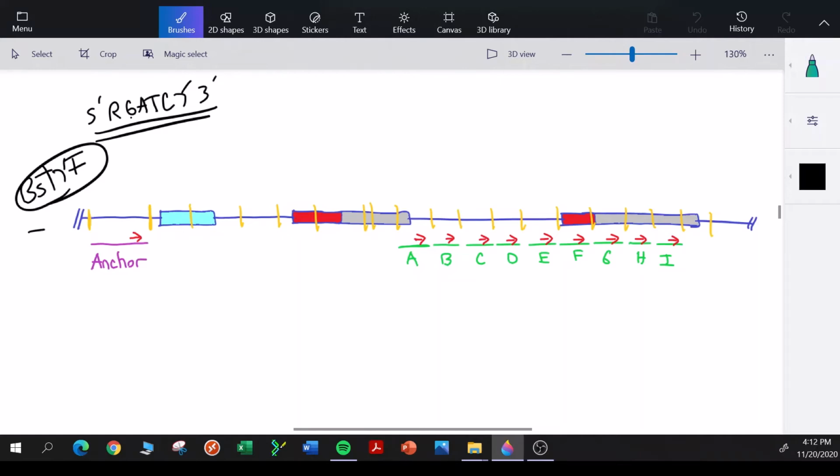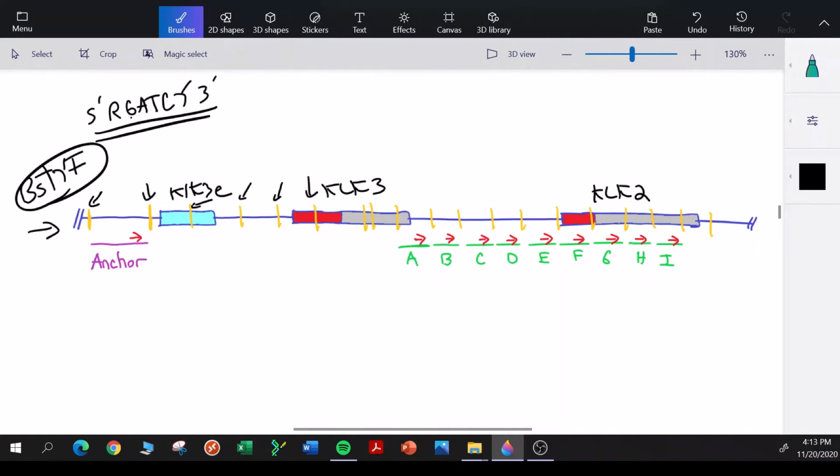Now, in this diagram down here, that is similar to the diagram I had before, we have KLK3E here, KLK3 gene here, KLK2 gene here. The orange lines, that's where I'm saying there are BstYI recognition sequences. So BstYI is going to cut at all of these places. And the authors already know this because they have the sequence of the human genome. So they know exactly where it's going to cut.